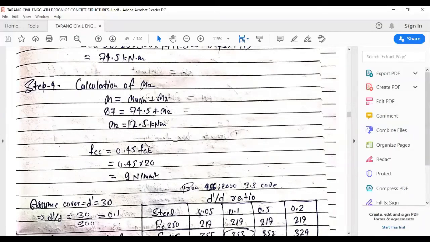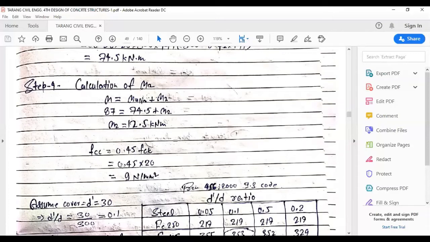Now this FCC, which is the force in concrete under compression, is given by 0.45 FCK. We have also discussed during the analysis part that it is taken as even less than half of the characteristic strength of concrete.